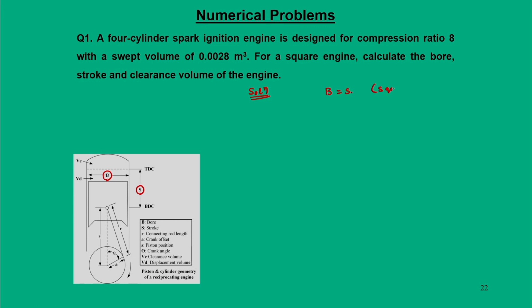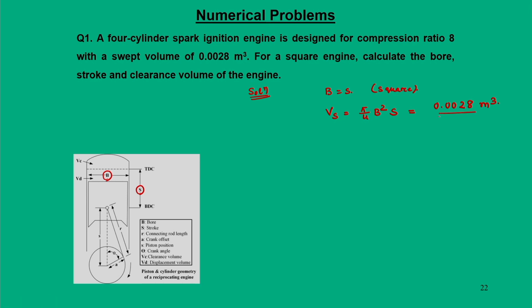The swept volume is given as Vs, which is pi by 4 B square S, equal to 0.0028.